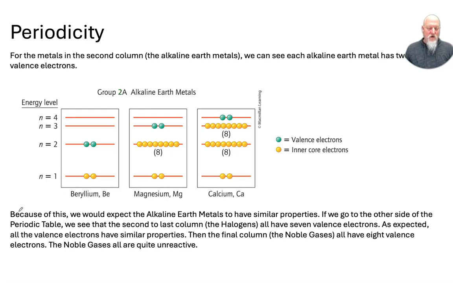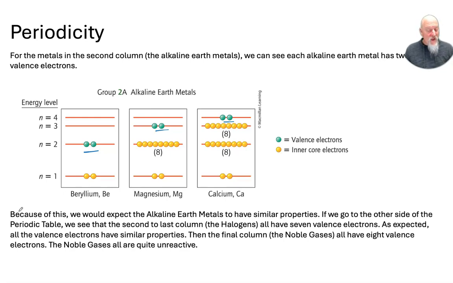We can see that all the alkaline earth metals have 2 valence electrons. Again, because they have 2 valence electrons, they're going to have similar properties, they're going to have similar reactivity. We said earlier that the alkaline earth metals are still quite reactive. They're not as violently reactive as the alkali metals, but they're still very reactive. And they are very reactive because they have 2 valence electrons.